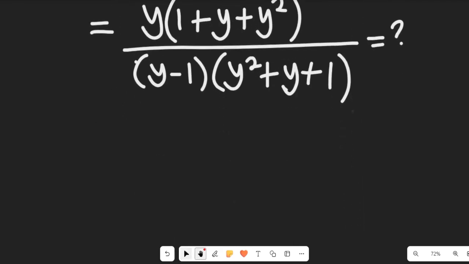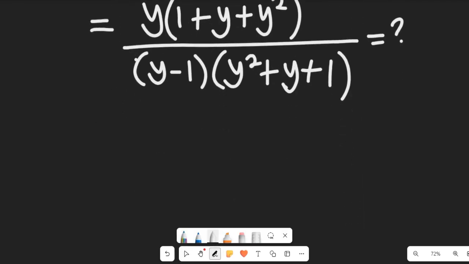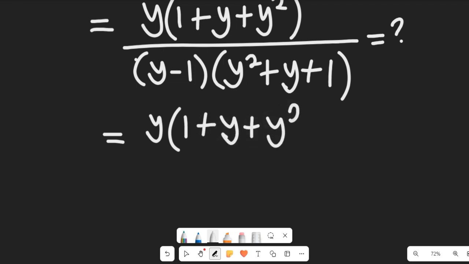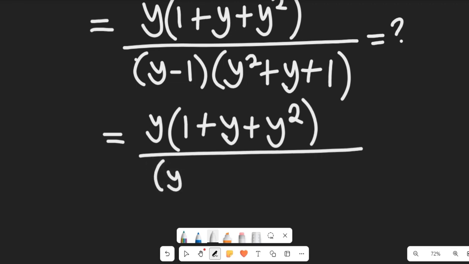Now, do you notice that we have almost the same value in the denominator? I'll have to rearrange to ensure that I have y times 1 plus y plus y square, and this will be divided by y minus 1, right? I'll have 1 plus y plus y square.